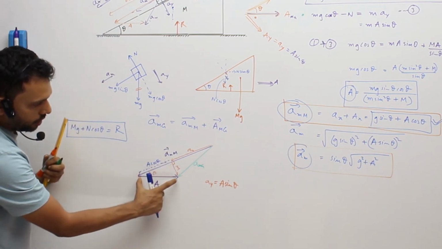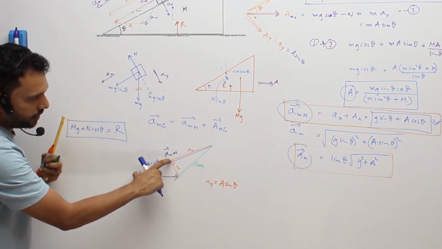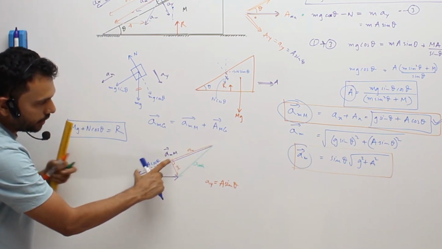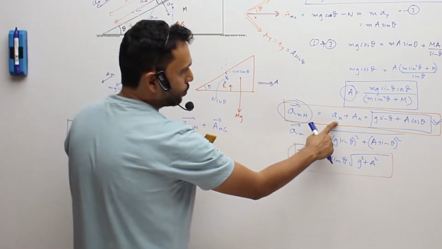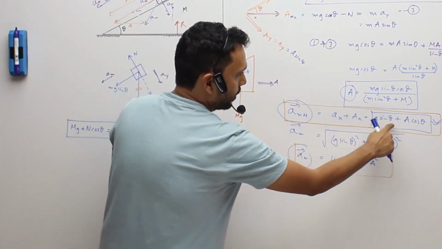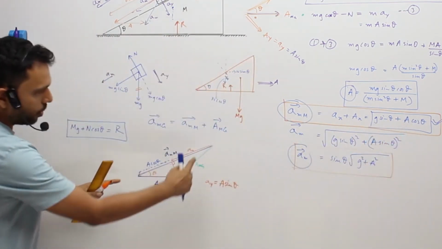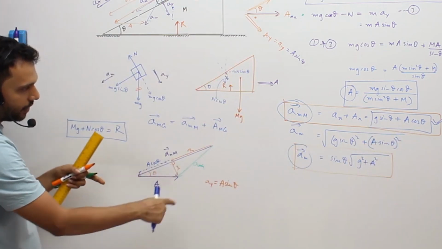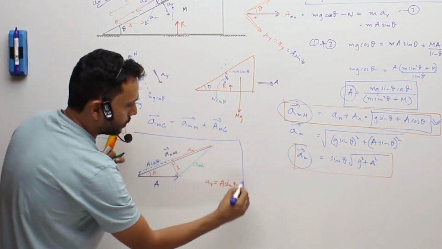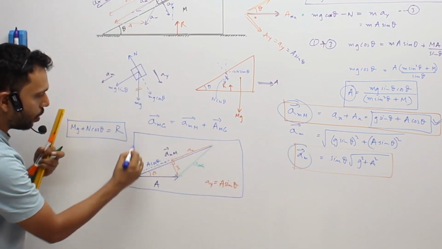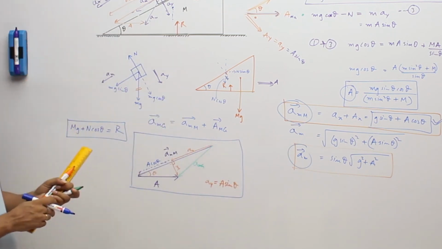So this was your A, hence this is your A cos theta. So we see that AX plus A cos theta is your AMM. Was that not the case? AX is g sin theta, plus A cos theta was your AMM. So my vector diagram is telling the whole story again. It is giving me all of what we have written over there.